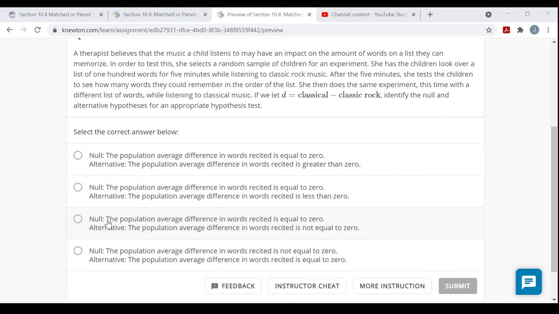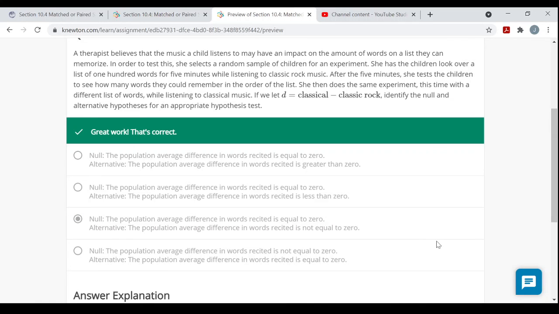And the null hypothesis, the population average difference, mu d, in words recited is equal to 0. This is saying in words what I wrote in symbols on my paper with that mu d. Wonderful.